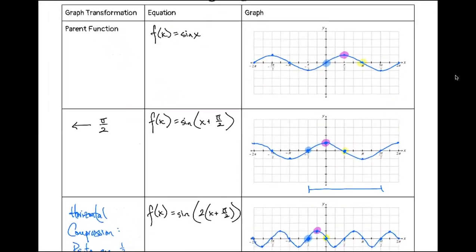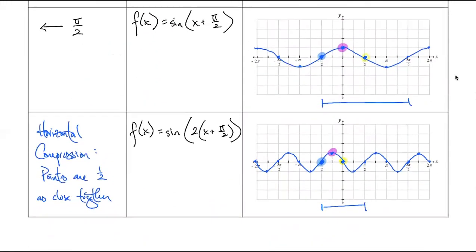If we think about this equation right here, what value of x makes that 0? Like, when is this true?